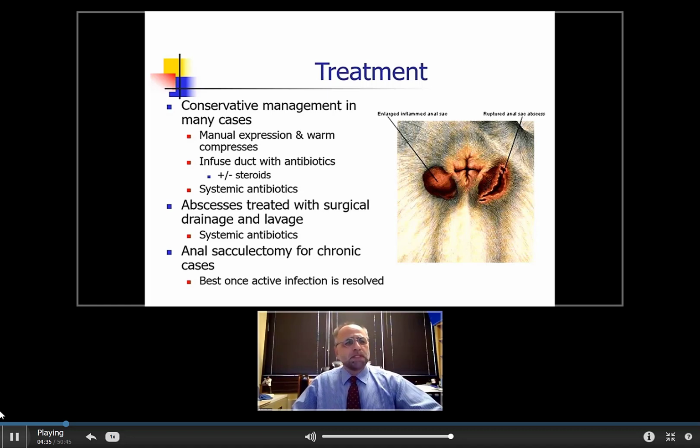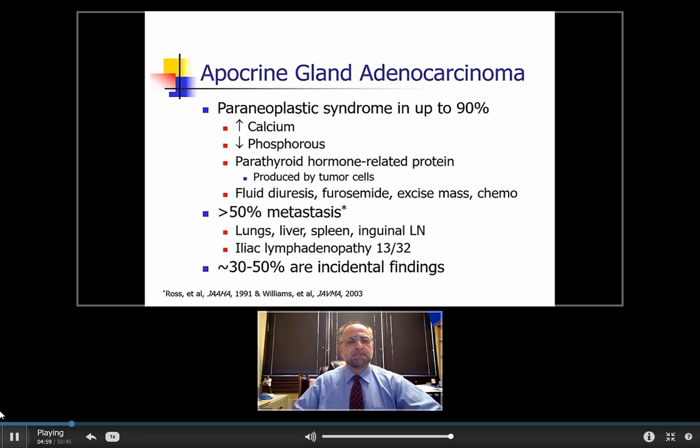But when we're dealing with very chronic anal sacculitis cases, at that point we recommend elective anal sacculectomy. I don't usually prefer to take anal sacs out when there is an open abscess ongoing at the time. We do prefer to get the abscess under control first. Once everything's healed, then consider going in and doing elective anal sacculectomy.